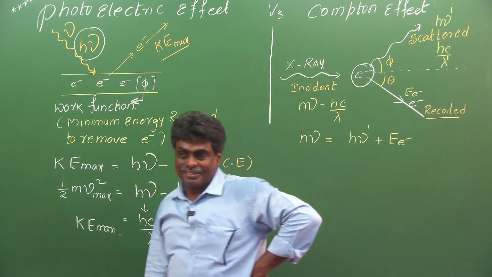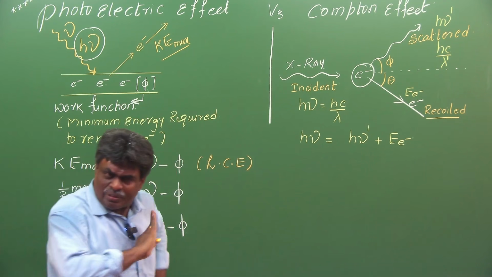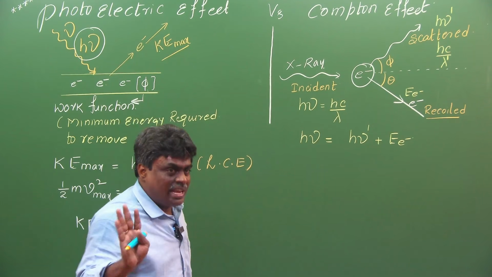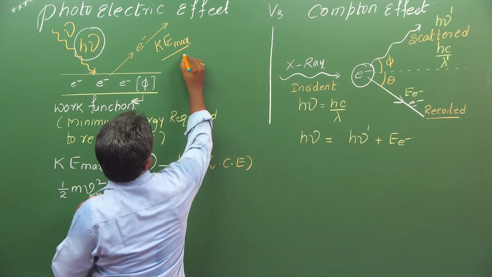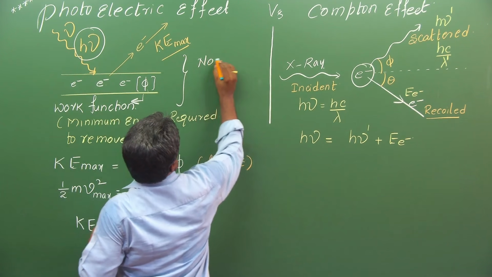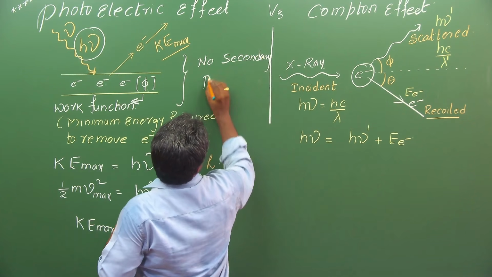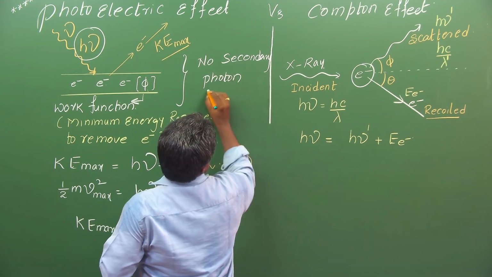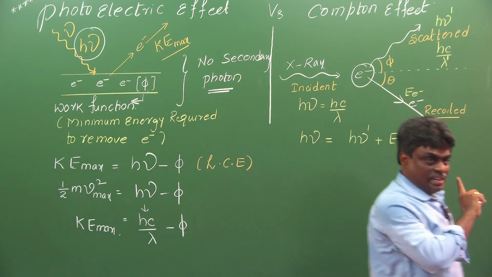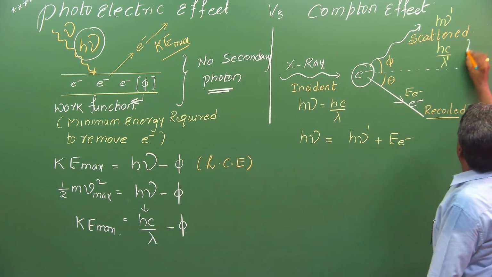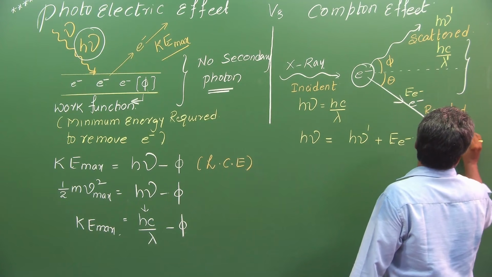No. In the photoelectric effect there is no secondary photon. If anybody asks what the difference is, you have to say this. In the photoelectric effect there is no secondary photon. In the Compton effect, there exists a secondary photon.